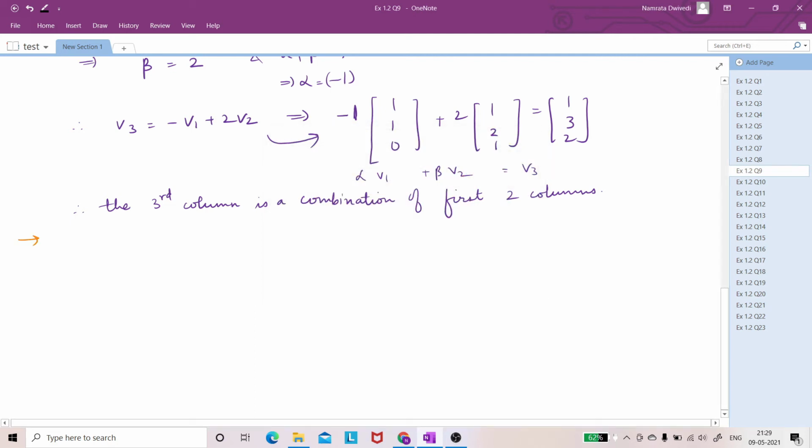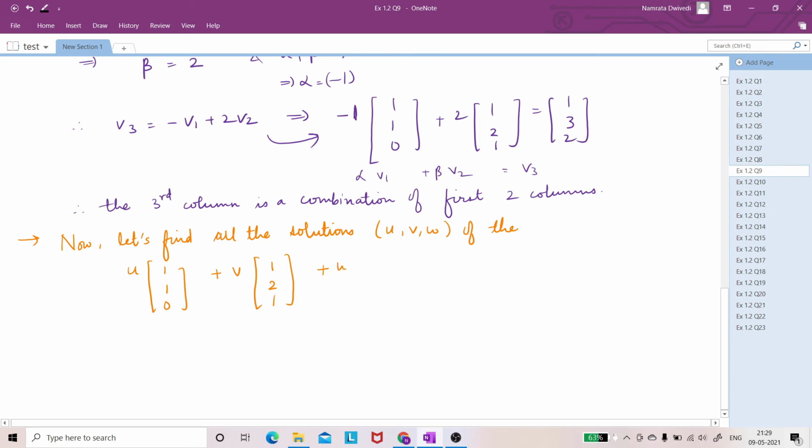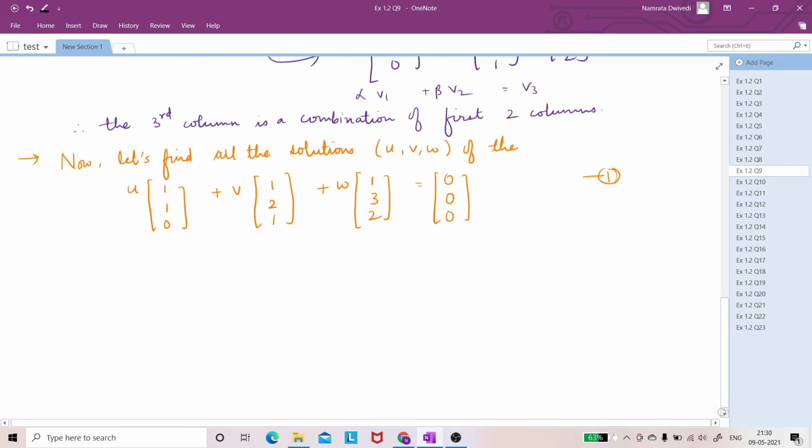So now let's find all the solutions (u, v, w) of u(1, 1, 0) plus v(1, 2, 1) plus w(1, 3, 2) equals (0, 0, 0). Okay, so this is our vector equation.